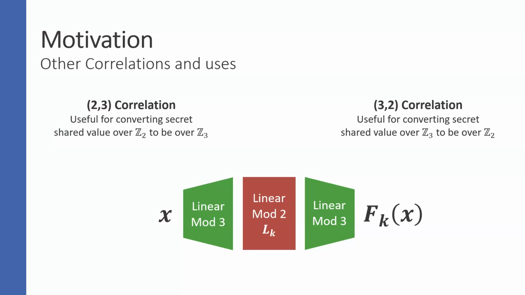Both are really useful for converting secret-shared bits over Z2 to be over Z3 and vice versa. This type of functionality is needed in MPC-friendly symmetric primitives, which Hugo talked about in his distinguished lecture, that mix different linear operations over different moduli. Conversions from OT to these kinds of correlations have been done before, but we wanted to do it even more efficiently.